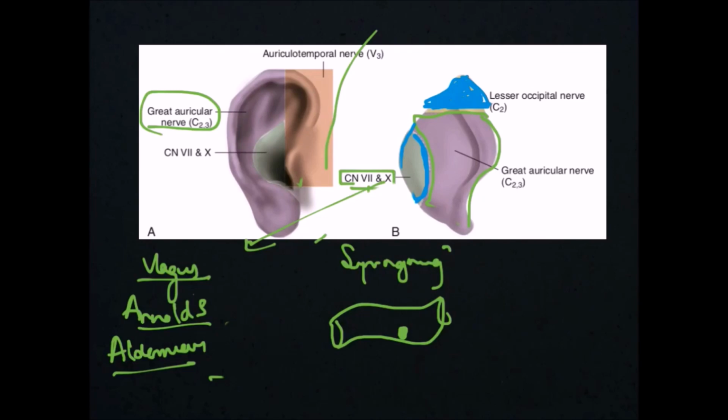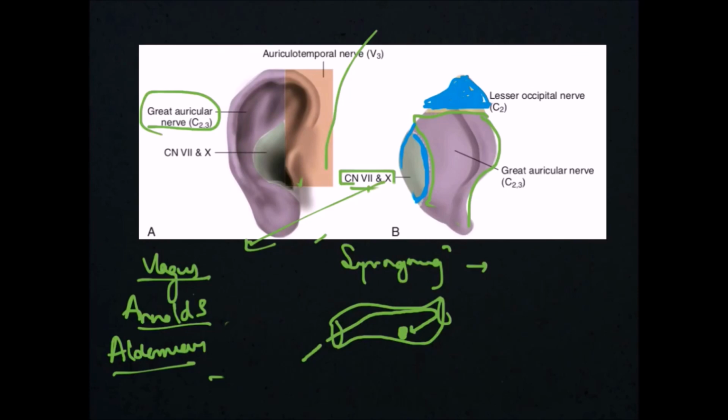So we have to remove this wax. So what we will do, we will inject a jet of water in the posterior superior direction, and that water will return and it will remove the impacted wax or the foreign body or anything. Please note, do not do syringing in some conditions, which is highly important.